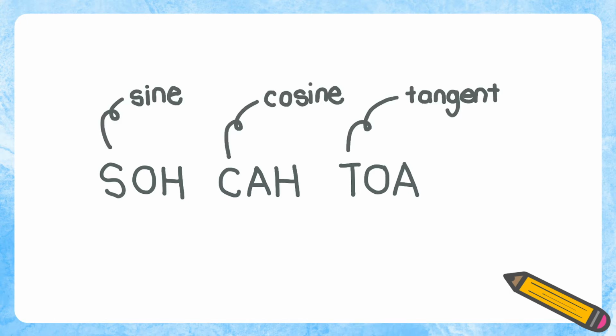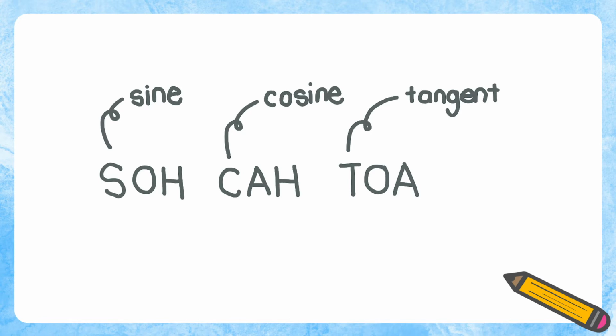Alright, so now let's look at this acronym, SOH CAH TOA. You may have heard this before, but don't worry if you haven't. What does SOH CAH TOA even stand for? The S, C, and T each stand for sine, cosine, and tangent.